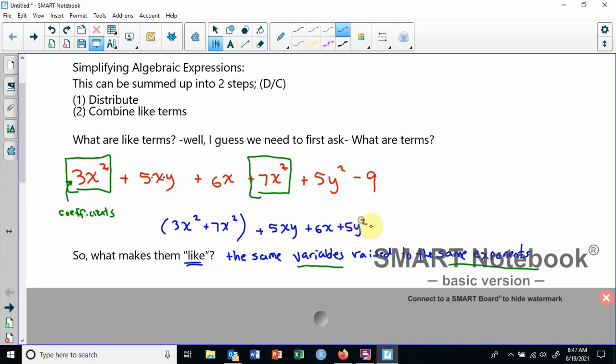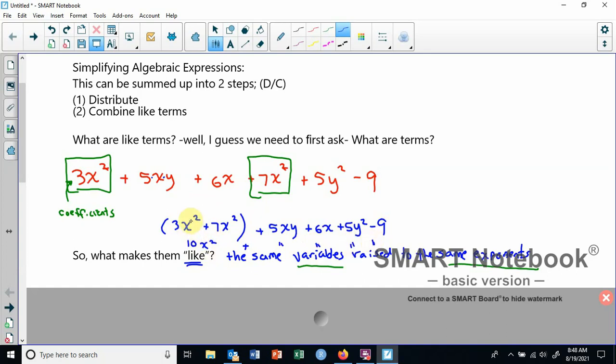We usually do this in our heads, but just to show you, I rearrange, and then I can add the coefficients. 3 plus 7 is 10, and that would make 10x squared plus the rest of this.